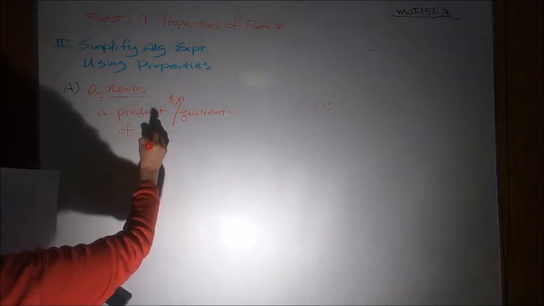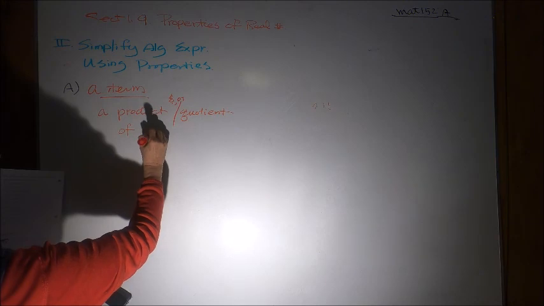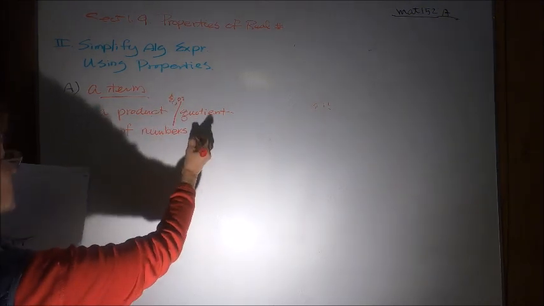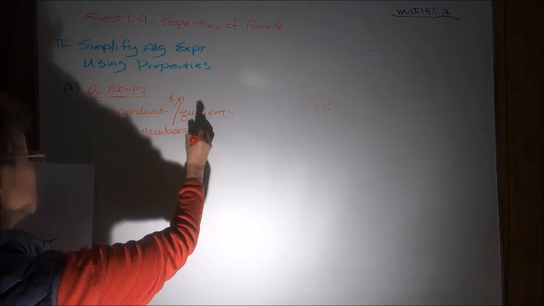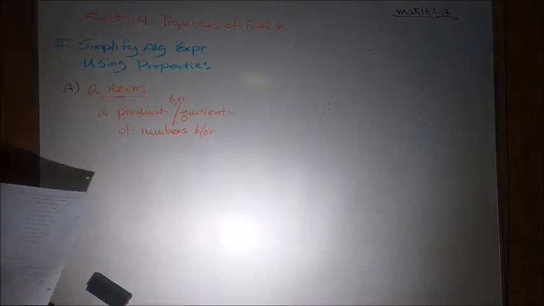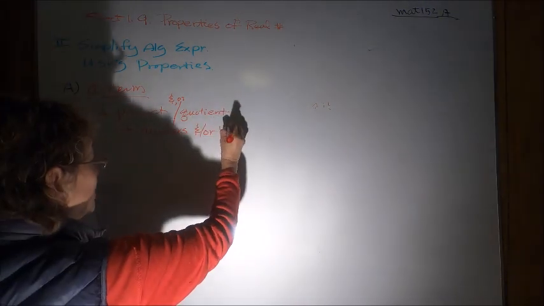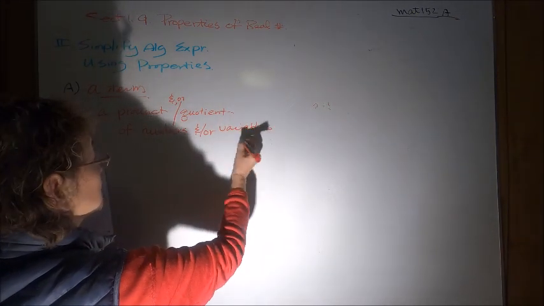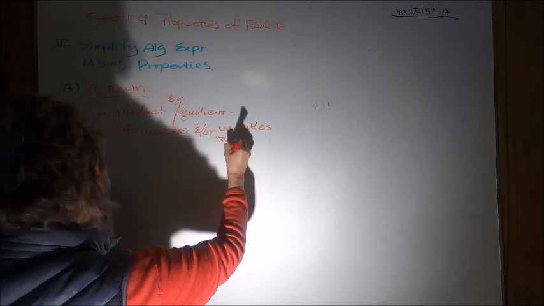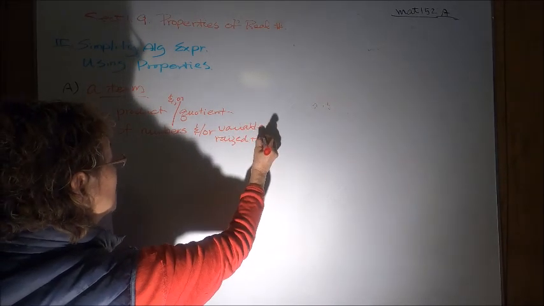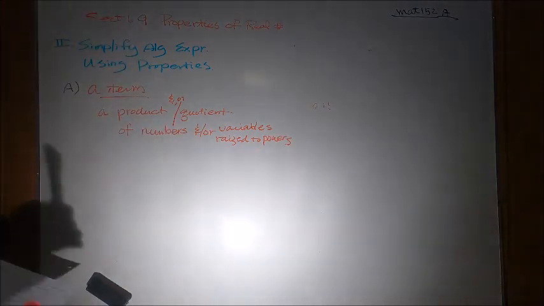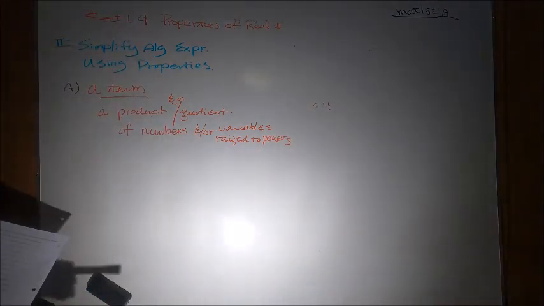A product and a quotient of what? Bunch of things, right? Bunch of numbers and or, right? Variables raised to powers. Let's see, what do they mean, right?